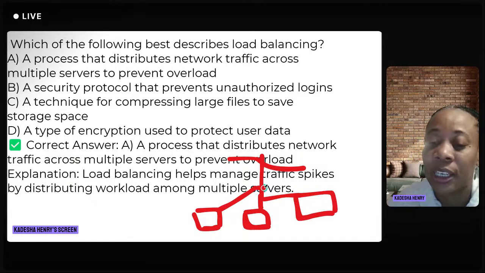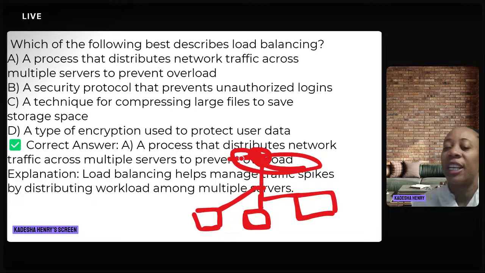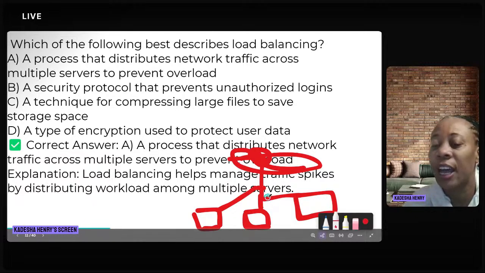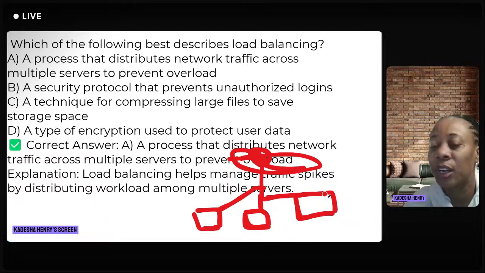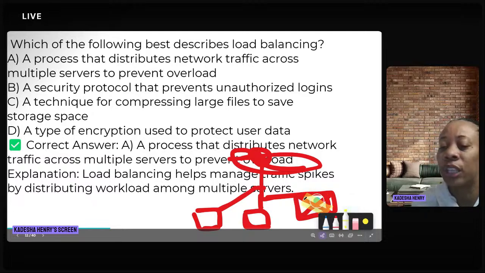It sits right here, and it ensures that information is distributed to all of these evenly. Let me see if I can erase this. Let's use a yellow pen. Let's say this system right here goes down.